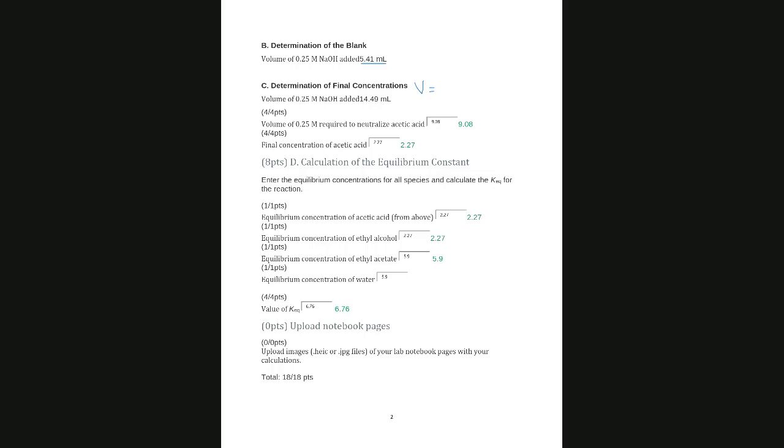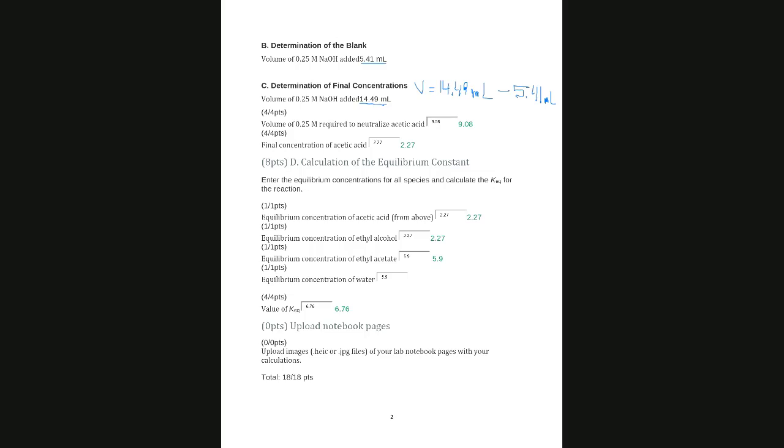Okay, they give you the volume of the blank, and here they give you the volume when you titrate after it reached equilibrium. So the volume that you are going to use in the equation is going to be, in this case, minus 5.41 mLs. Why is that?